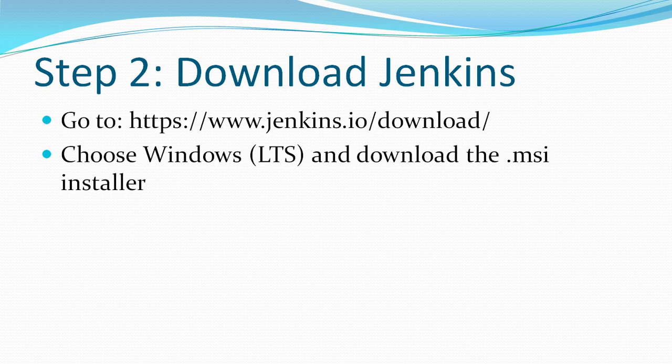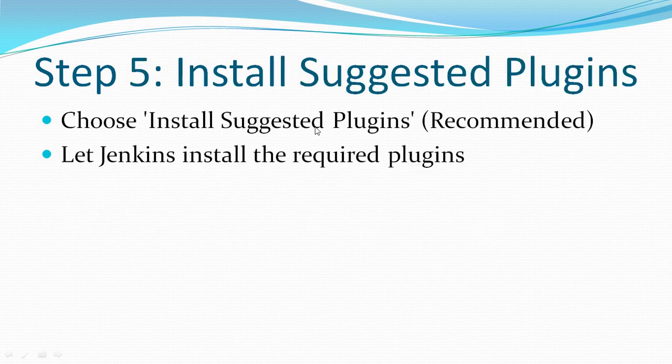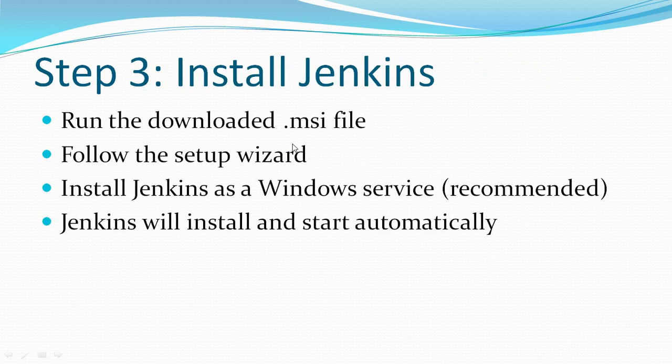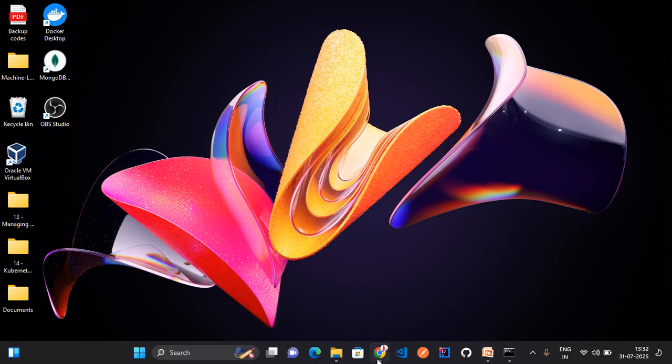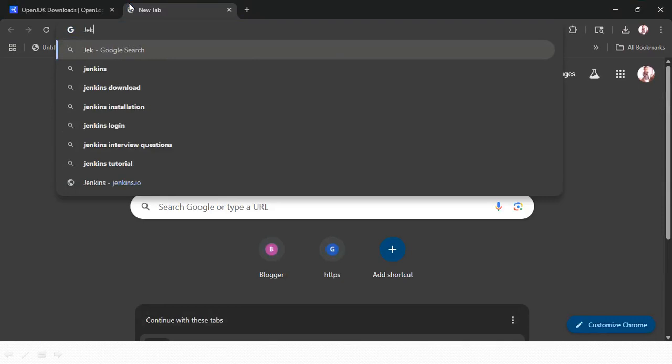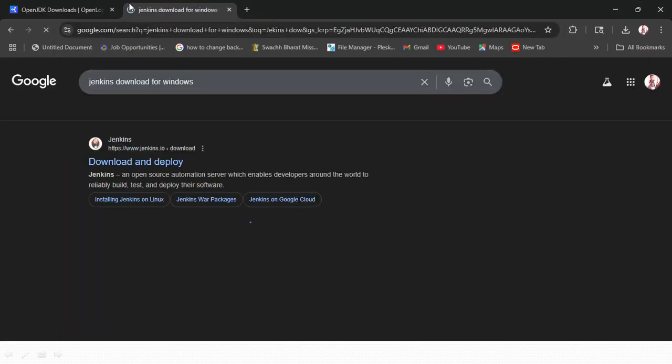So I'm going to the Chrome browser, typing Jenkins download for Windows.